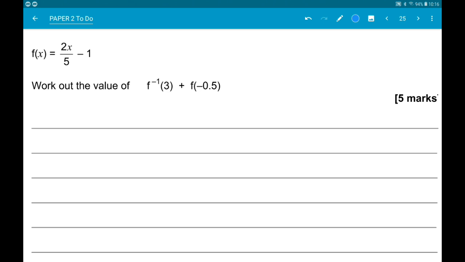So, here, f of x is 2x over 5 minus 1. We want to work out the value of f inverse of 3 add f of minus 0.5. So, first of all, we can work out f of minus 0.5.